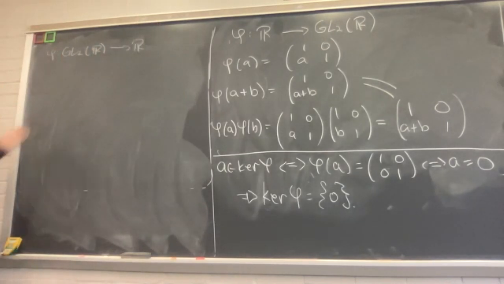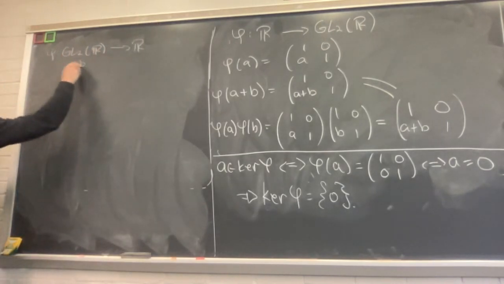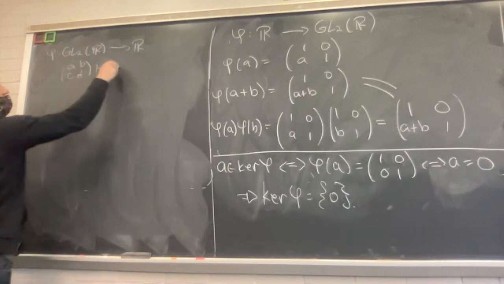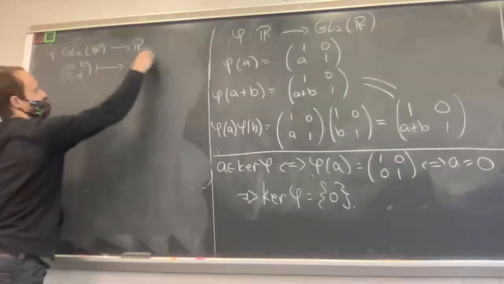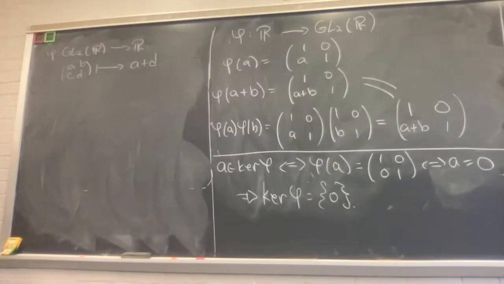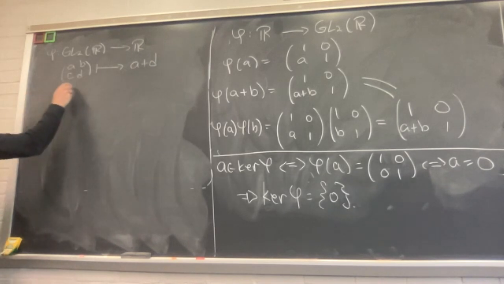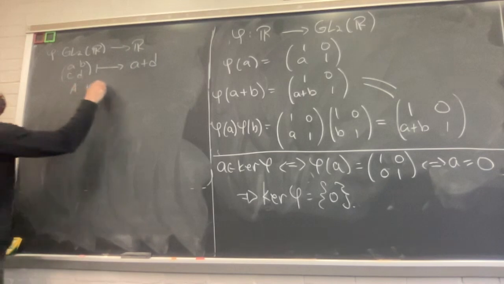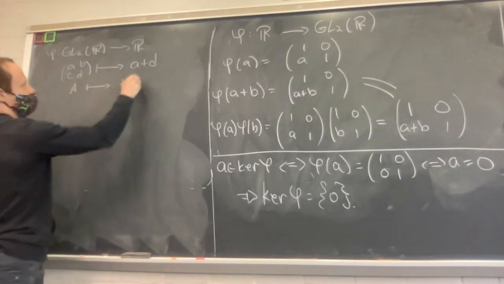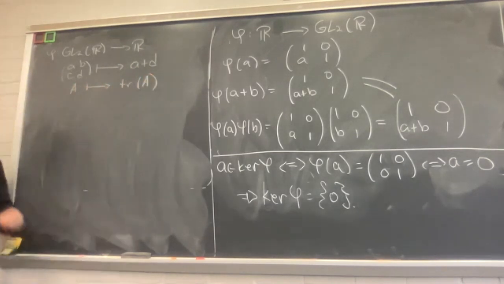It takes a 2x2 matrix [A, B; C, D] and, like I said, sends it to its trace, which is A plus D. So let's see if this is a homomorphism. Let's write it like this: A is sent to trace A.